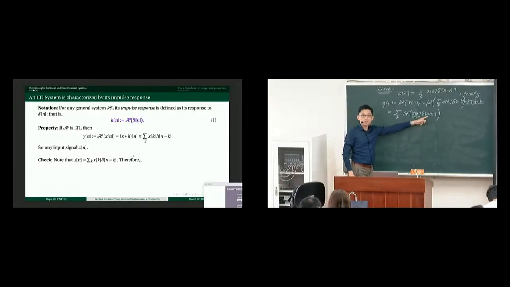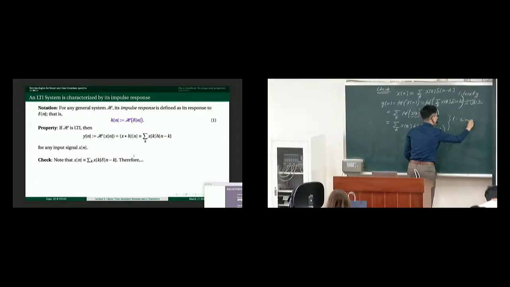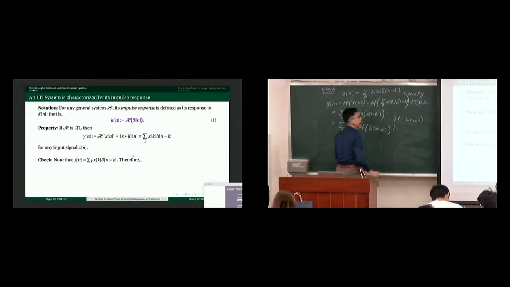So when we process H of this scaling factor times delta, the result is that we can further move H to the inside and put x[k] to the outside: H of delta[n minus k]. In both steps we apply linearity, because it's linear.